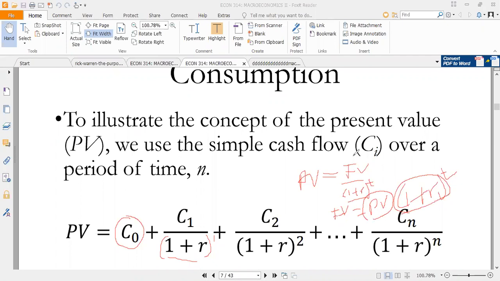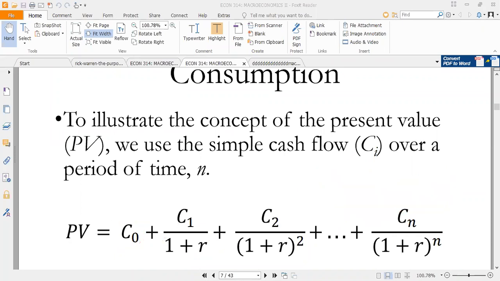But if you have 1 cedi in the future and you bring it to the present time, it will be less than 1 cedi. So the 1 cedi that you have in the future, if you bring it to the present time, is worth less than the 1 cedi that you have in the present time. This is the discounting that we will be using.